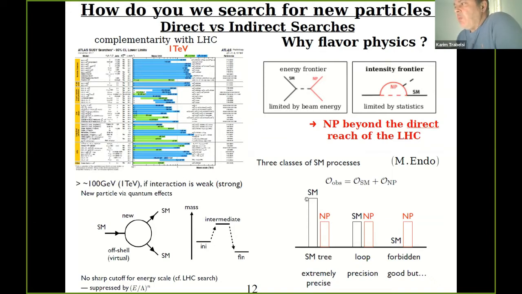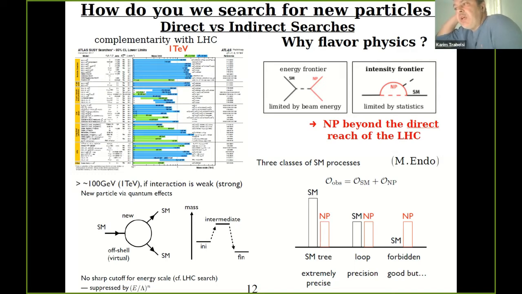But here, one of the issues is that you have to be extremely precise because the Standard Model is very dominant. So this is a measurement which is not trivial because you have to compete with a Standard Model that is very dominant. Your new physics will be a modest effect compared to a large effect from the Standard Model.